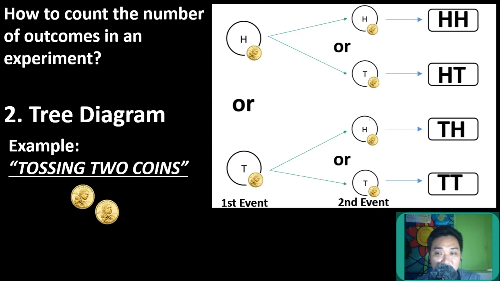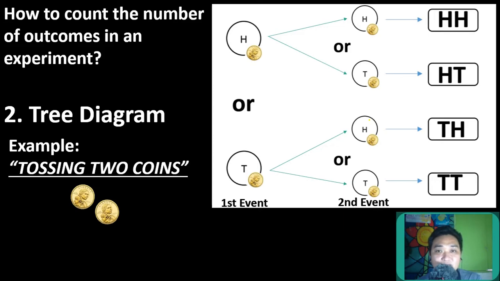All in all, upon using the tree diagram, you can show, not only just count, but show all the possible outcomes for this experiment. And those are head, head, head, tail, tail, head, and tail, tail. So all in all, ilang outcome meron tayo? Meron tayong 4 for this experiment.